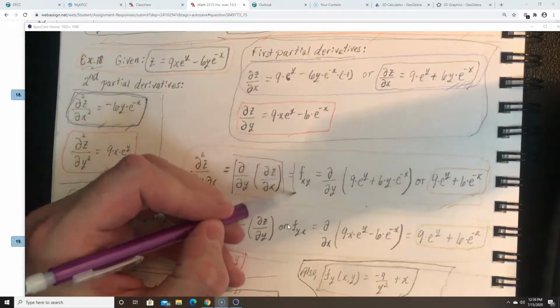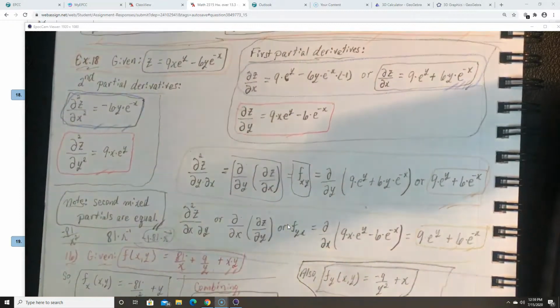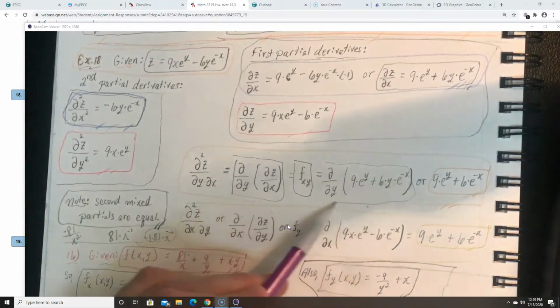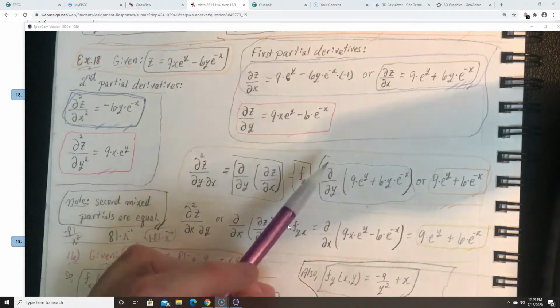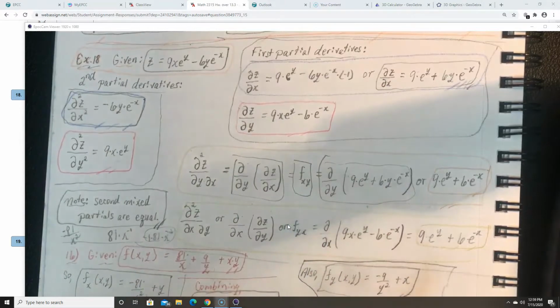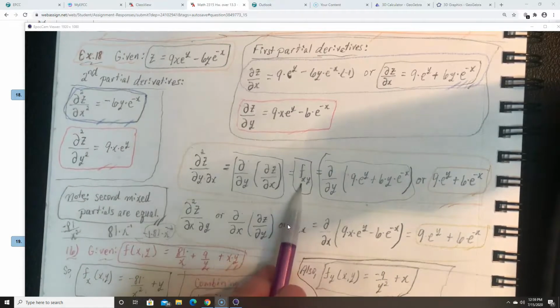Here's another way to write it. This is a way to write it only after you've done the first partial derivative and you have it finished; then you can write it like this. And this will be the second partial derivative with respect to y. Another way to write it is like this.